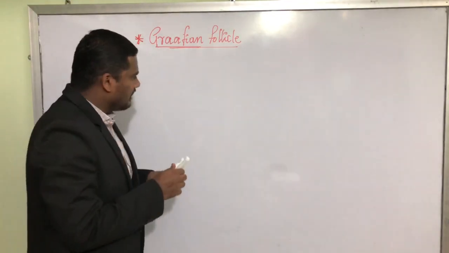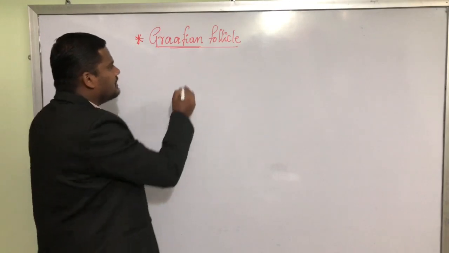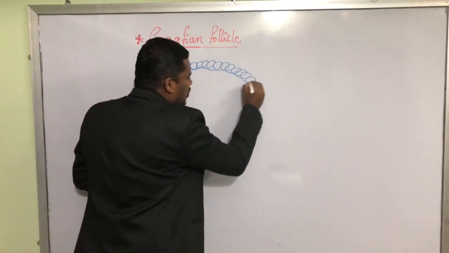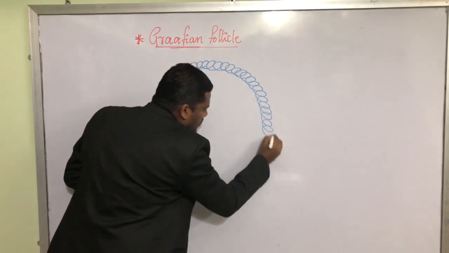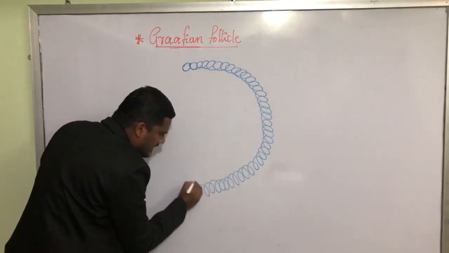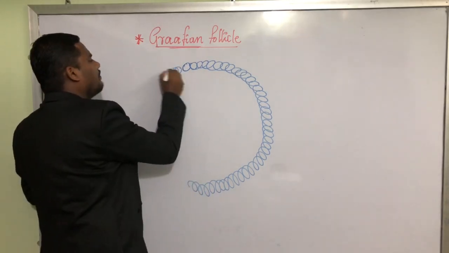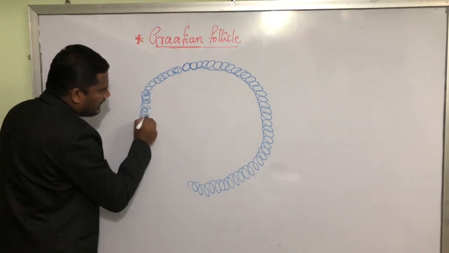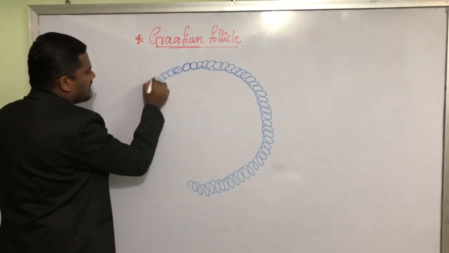Now, Graafian follicles are covered with two layers of cells. All these cells are derived from the follicular cells.